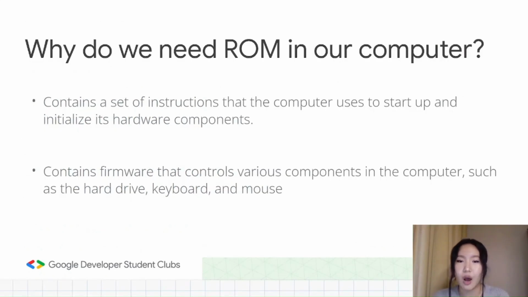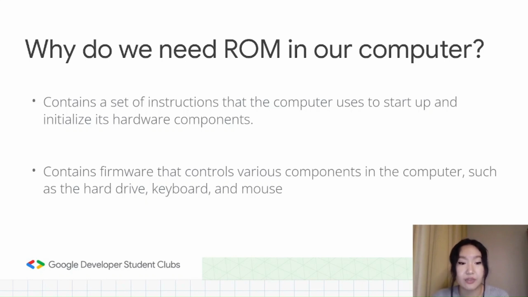So we know what ROM is, but why do we need it? Why do we need ROM in our computer? Well, it contains a set of instructions that the computer uses to start up and initialize its hardware components. So to take an example, when our computer is off and we click the on and off button, it basically activates the ROM chip to tell the rest of the computer, oh, the computer is being turned on, and it activates everything.